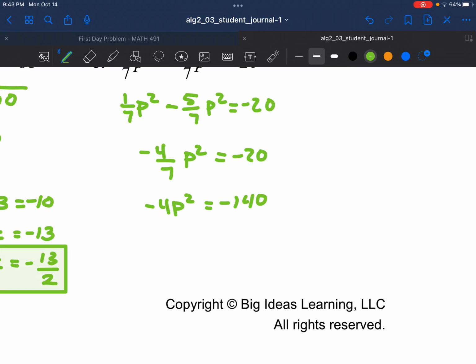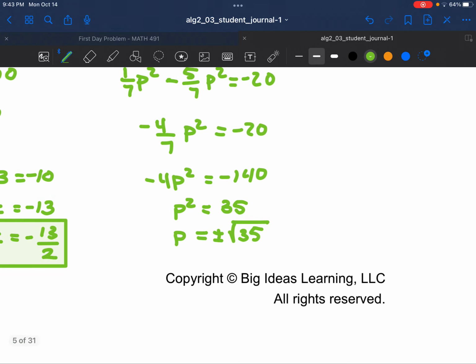That is 35. So p squared, negative 140 divided by negative 4 is positive 35. Take the square root. That's going to be p equals plus or minus the square root of 35. Now, we can't simplify the square root of 35 because that would be 7 times 5, and neither of those numbers you can nicely take the square root of. So we're just going to leave it as such.